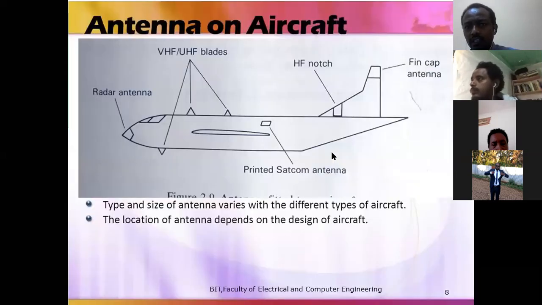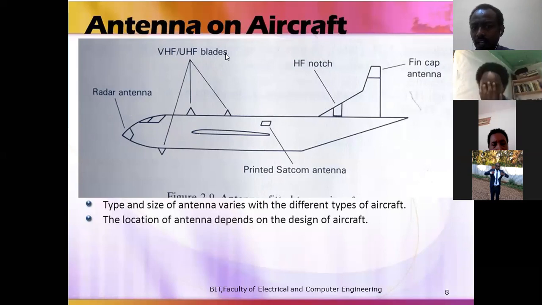This is an antenna on an aircraft. Here we have an antenna for radar, a high frequency notch here, fire cable antenna, SATCOM antenna here, very high frequency and ultra high frequency blades, see on the blade.